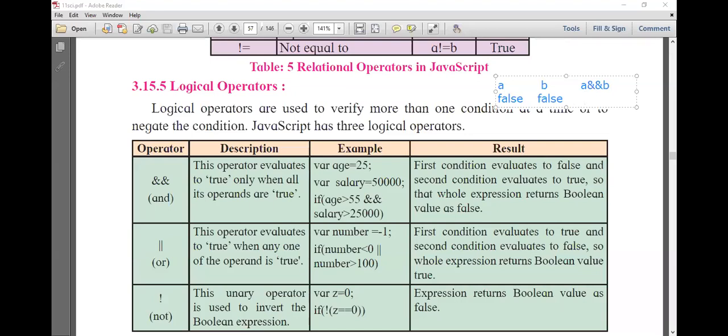Yes, tell me. If expression A is false, expression B is false, and we combine these two expressions using A ampersand ampersand B, then what will be the value of A and B? Yes, it is false.